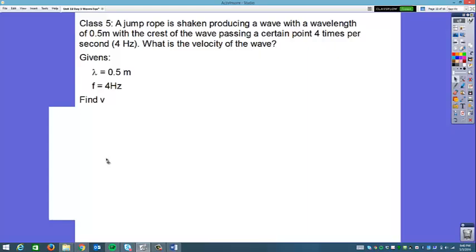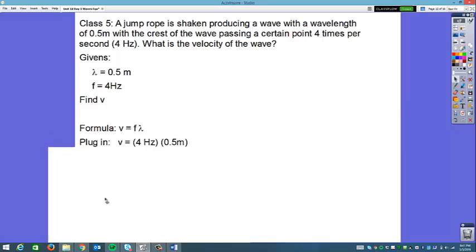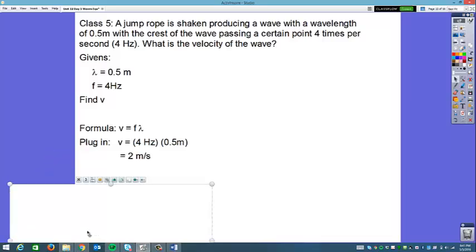Okay, so I'm going to use that equation for velocity that we went over earlier, and it is V equals F lambda, so the frequency times the wavelength. Since it's already solved for velocity and I'm solving for that, I do not have to manipulate the equation, so I can plug it in and solve. So 4 times 0.5 gives me 2 meters per second, and that's my answer.